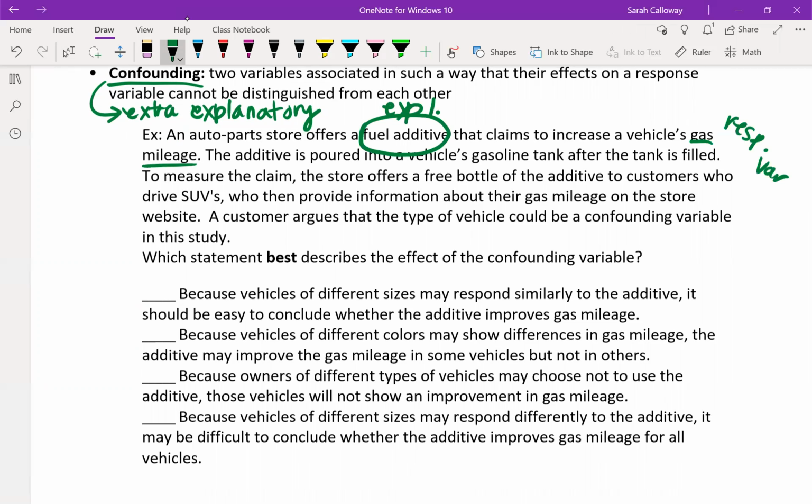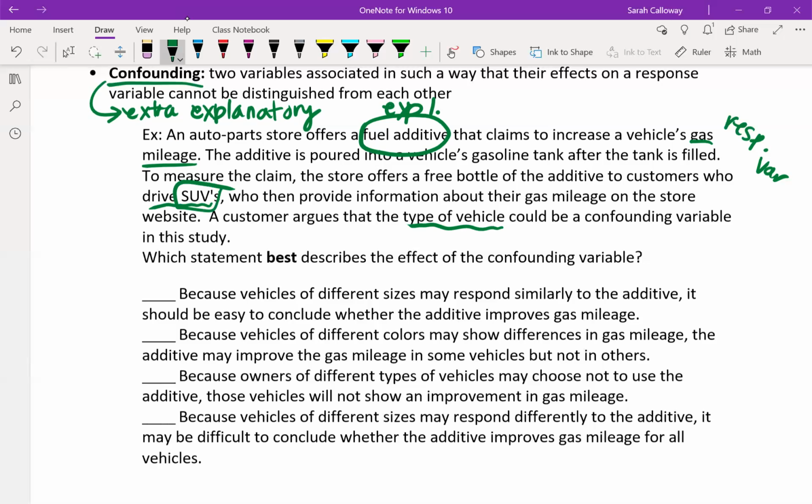The additive is poured into a vehicle's gasoline tank after the tank is filled. To measure the claim, a store offers a free bottle of the additive to customers who drive SUVs, and then provide information about their gas mileage in the store website. A customer argues the type of vehicle, so think about the fact that we're looking at SUVs, can be a confounding variable in this study.